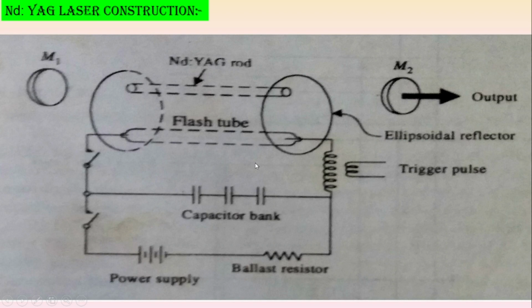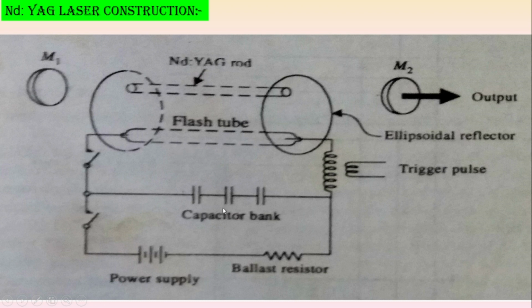And this is the diagram of Nd-YAG lasers. Here this is the cavity in which the Nd-YAG rod and flash tube are kept, and these are the two mirrors, in which this mirror is fully silvered and this mirror is partially silvered, where the laser beam is emitted.